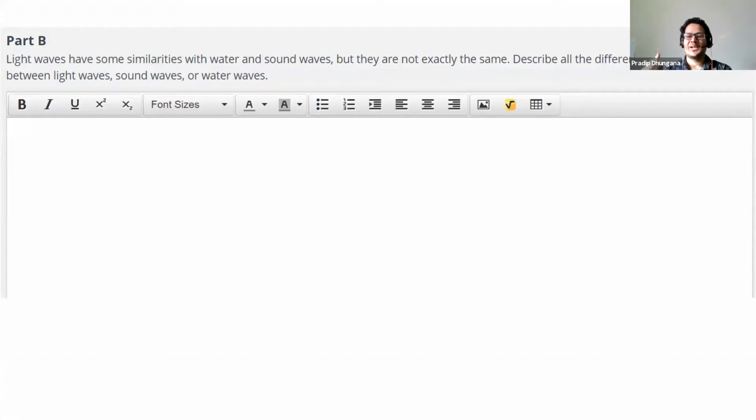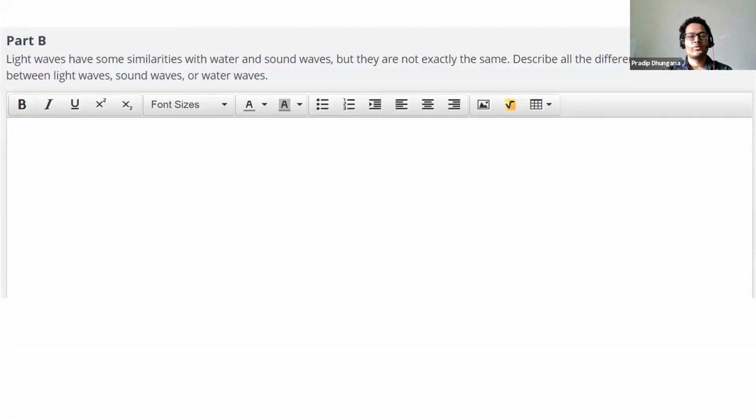Let me ask you something. Light comes from the sun to earth. Does it require a medium to travel? Think in that way. Does light require a medium to travel? No. That means light waves do not require a medium to travel, but sound waves and water waves require a medium to travel.